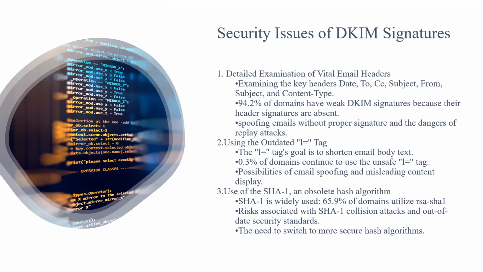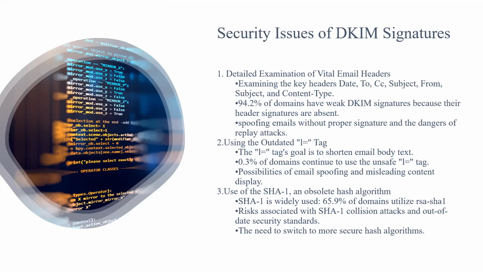And the third step of the security issues is the use of SHA-1, an obsolete hash algorithm. That means an outdated hash algorithm. SHA-1 is widely used. 65.9% of the domains utilize SHA-1.